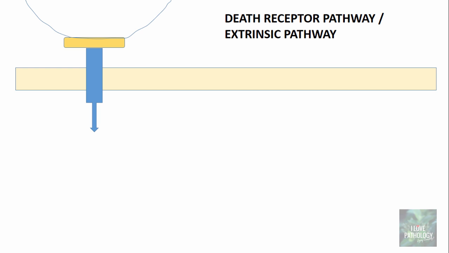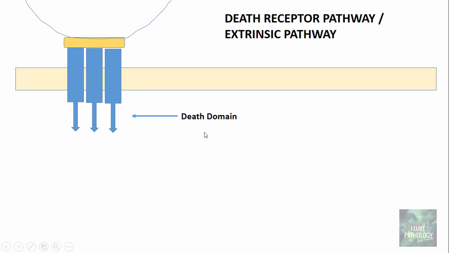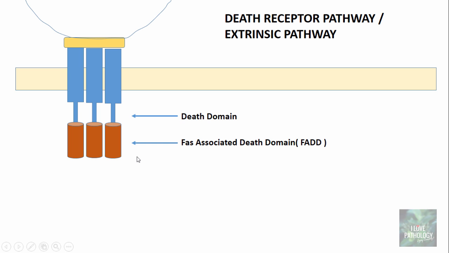So what happens in the extrinsic pathway? Whenever the ligand binds to a death receptor, some conformational changes occur wherein more and more death receptors join together. In this case, three death receptors join together and form a death domain in the cytoplasm of the cell. After that, some adapter proteins attach to this death domain, and these are called FAS associated death domain, or FADD.